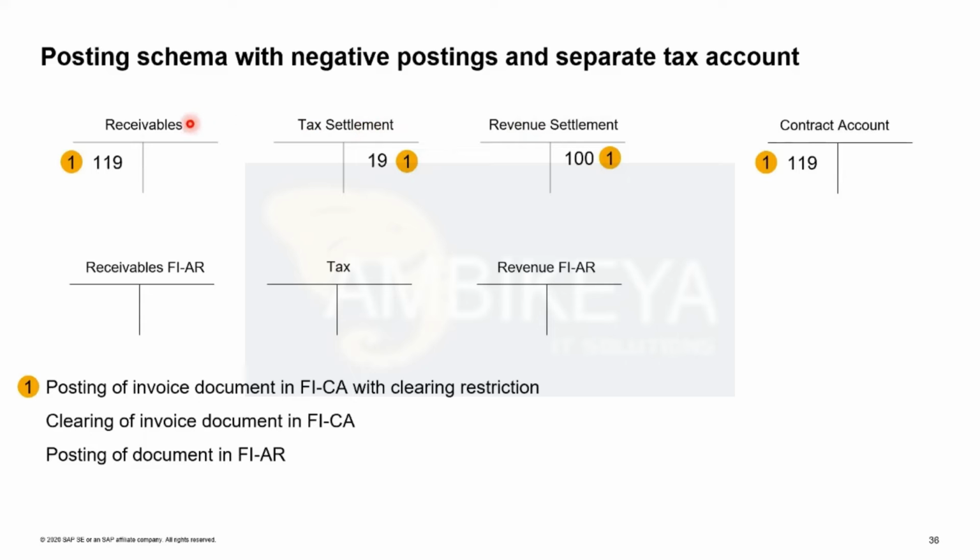Those accounts are only settlement accounts, because when we clear the invoice, when the mass run picks up those open items, we simply cancel it in FICA and post to the final accounts. It can be separate accounts, so we would recommend to use separate accounts. Post it here in FIAR. So those accounts are more kind of transition accounts.